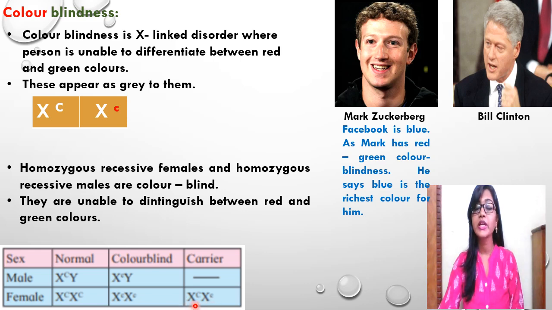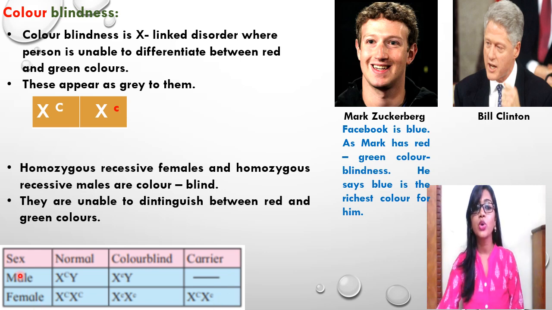The dominant capital C will suppress the expression of the small c, that is, of the recessive gene. So that female will carry the gene responsible for color blindness, but she will not suffer. That female is not called a color blind female, but is called a carrier.